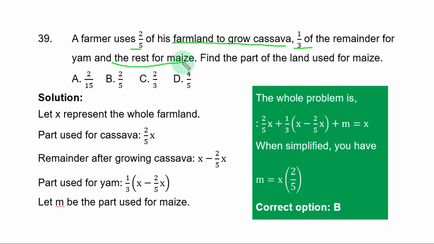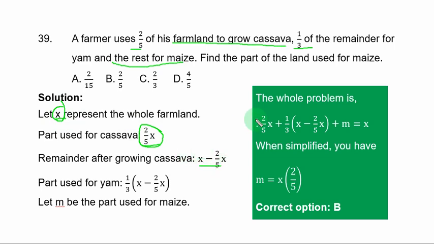Let us assume the whole farmland to be S. The part used for cassava is 2/5 of the farmland, that is 2/5 of S. For the remainder after growing cassava, you subtract the part used for cassava from the whole farmland. You have it in this form.